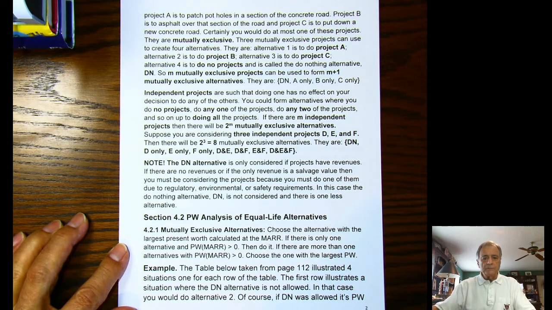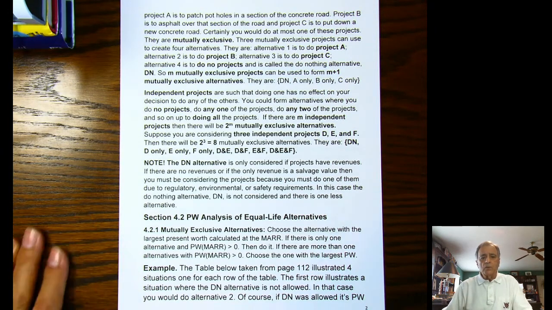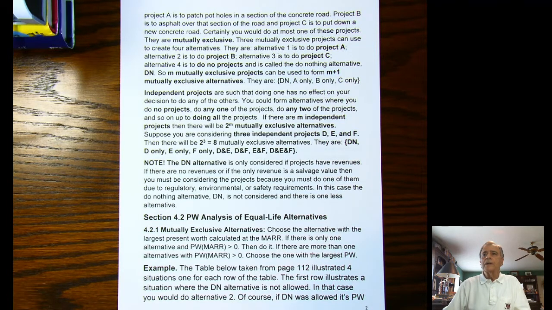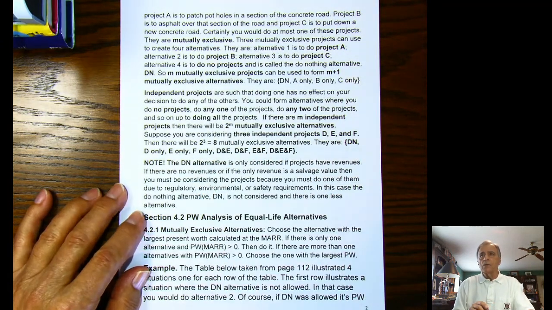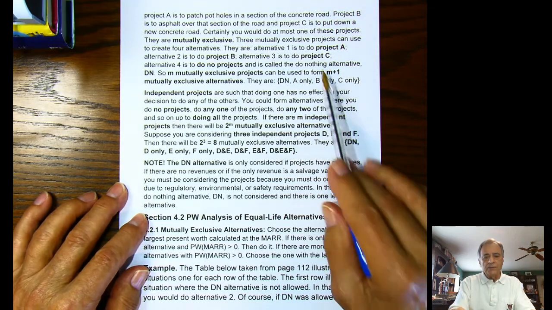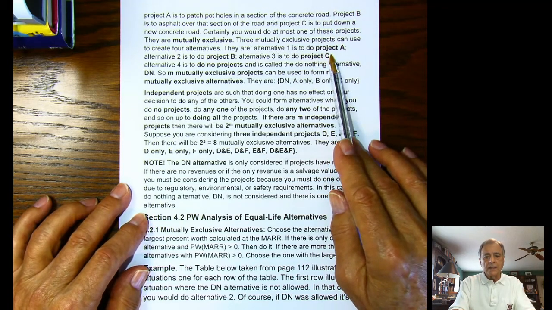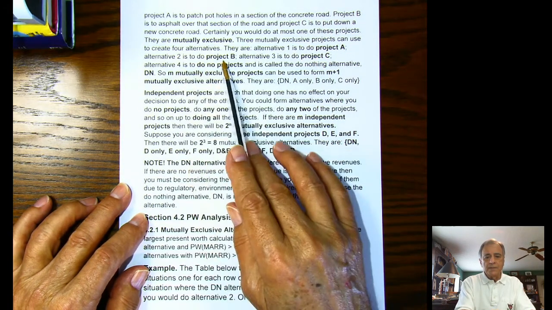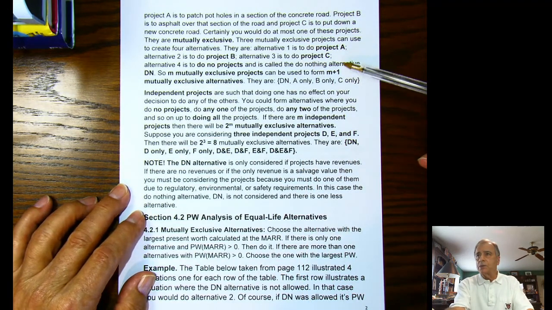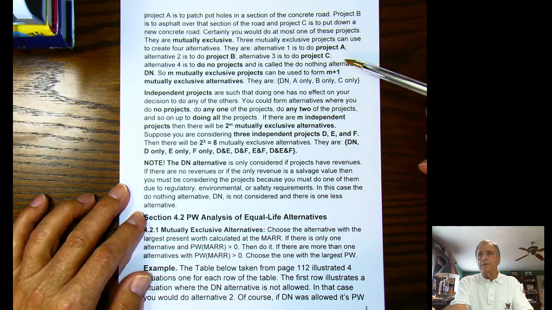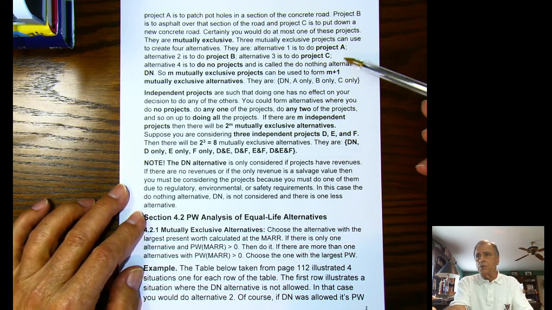The author discusses what he calls mutually exclusive alternatives. So suppose you have 3 projects, A, B, and C. If those projects are mutually exclusive, that means you can do at most one of them.